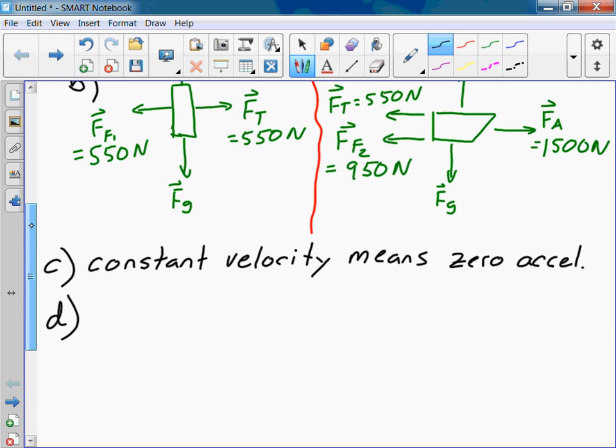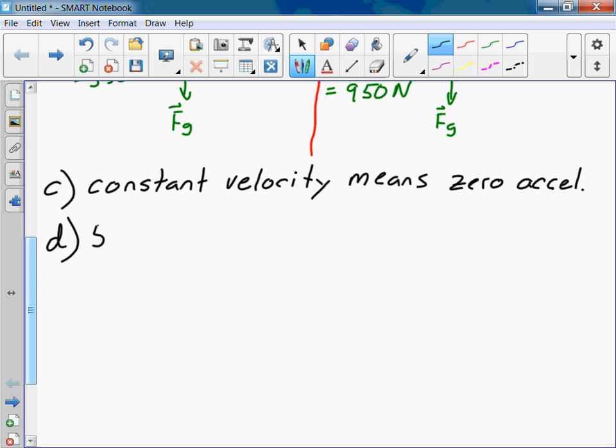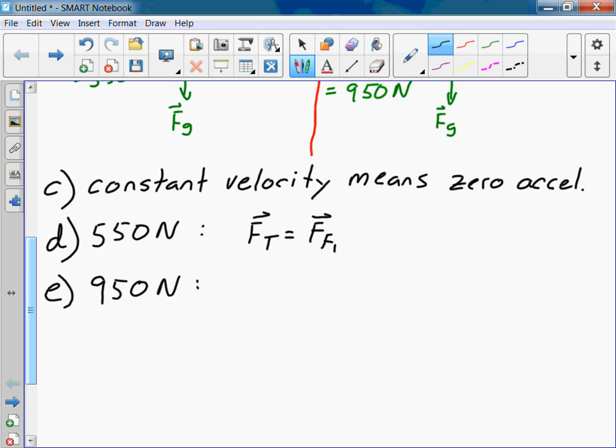Question D, the tension in the rope we already calculated is 550 newtons, because it was equal to the force of friction acting on the skier. And the force of friction on the boat plus the tension had to be equal to and opposite the applied force.